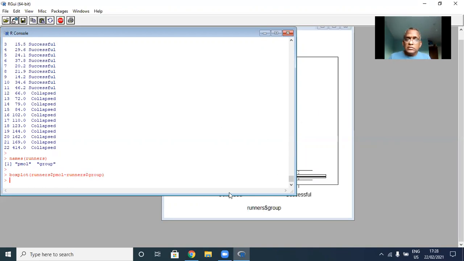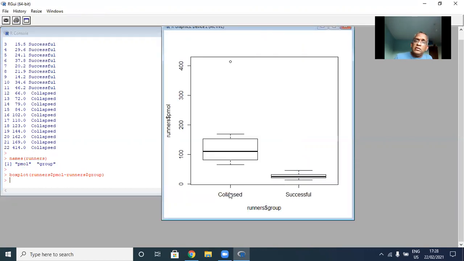This is the picture that you will get. You see, there are two different box plots depending on which group you belong to. So there's this collapsed group, and there's the successful group, and the concentration values for the collapsed are much higher.